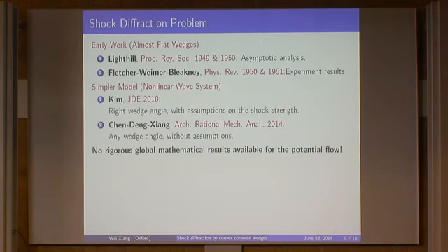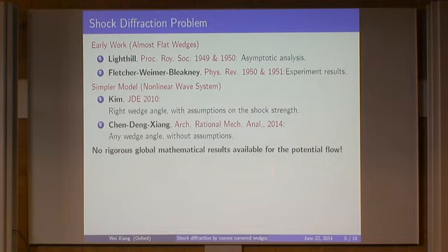So we also call this the Lighthill problem. He was a British mathematician, in 1949 and 1950, using asymptotic analysis along with some physical results. But as far as I know, after that, for almost half a century, there was no result for the potential flow equations.